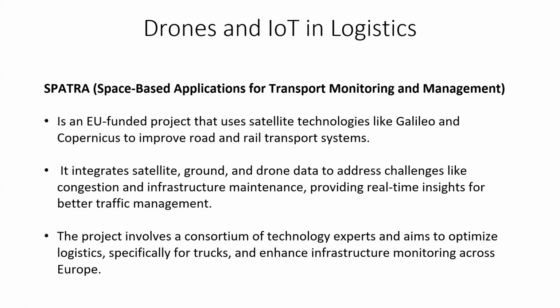We integrate satellite, drone, and ground data to address challenges like congestion, parking occupancy, and traffic, for optimizing traffic management. The project involves a consortium of technology experts and aims to optimize logistics and improve infrastructure monitoring across Europe, specifically for vehicles like trucks.